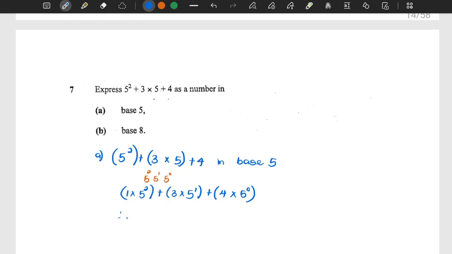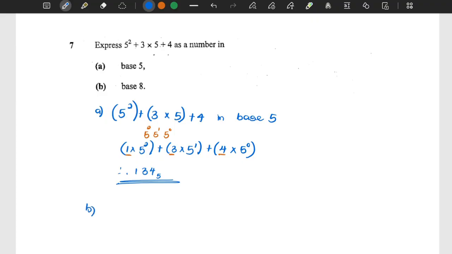Therefore, the answer is, we look at the numbers themselves. So we have 1, 3, and 4. So the answer is 134 base 5.